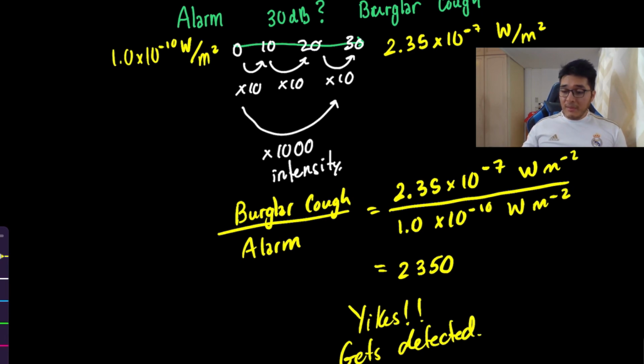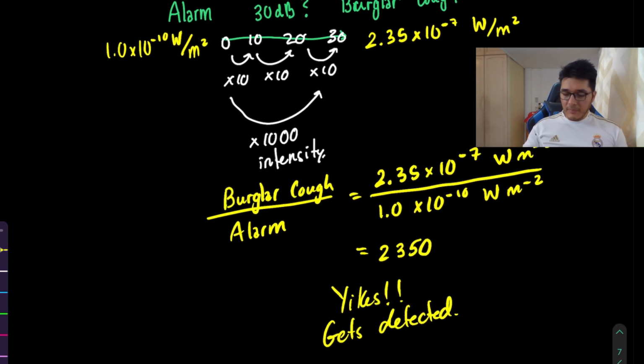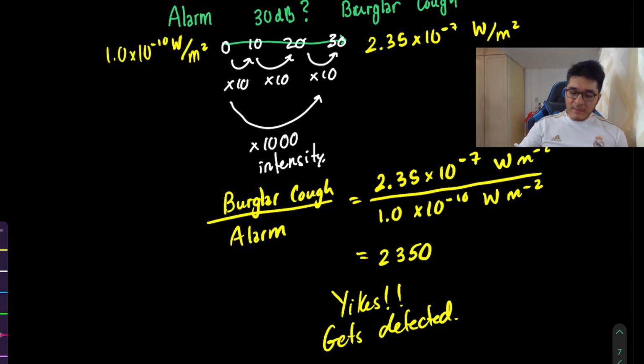Now, as a little bonus, we're going to use the formula to calculate decibels. So the formula they gave you before is the decibel is 10 times the logarithm of the intensity value you're given divided by the human threshold of hearing, which was 10 to the power of negative 12.